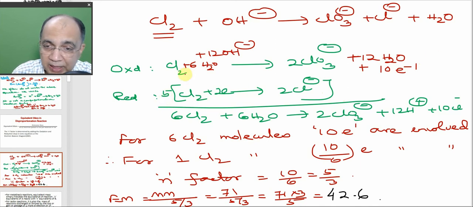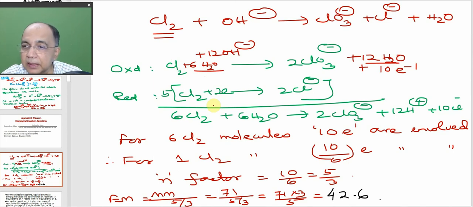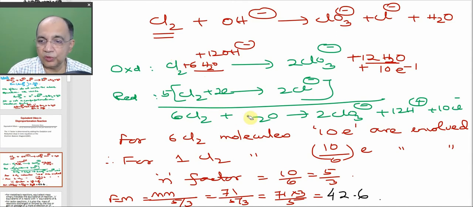So after that, we get 6 chlorine plus how many water? 6 water here and 12 water here. But no, we have multiplied by 5. Oh, I'm sorry, this 6. Yes, this will be different. It's wrong. It's not an acidic solution. I'm so sorry for this.